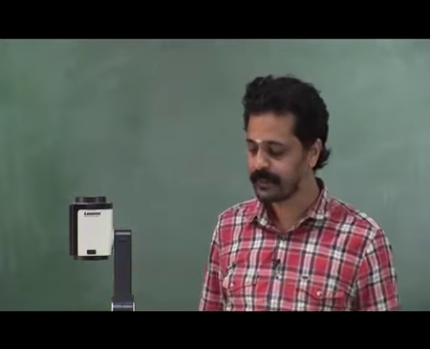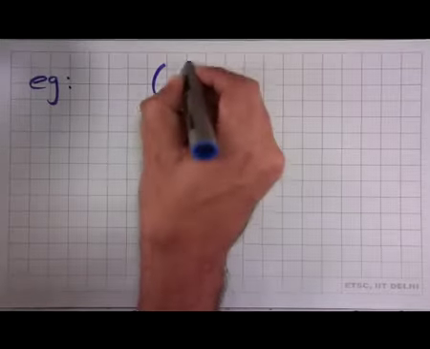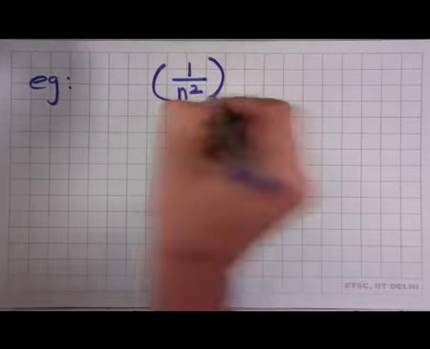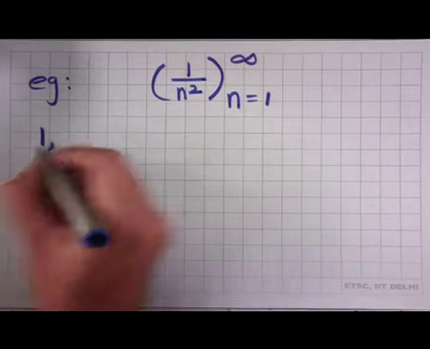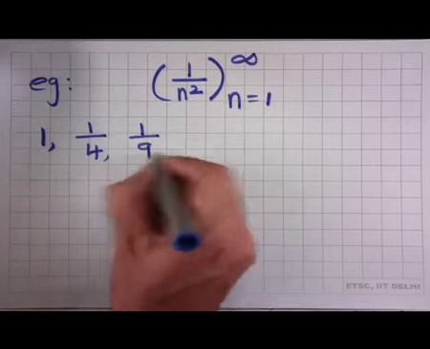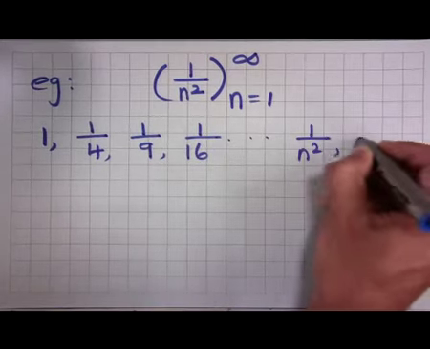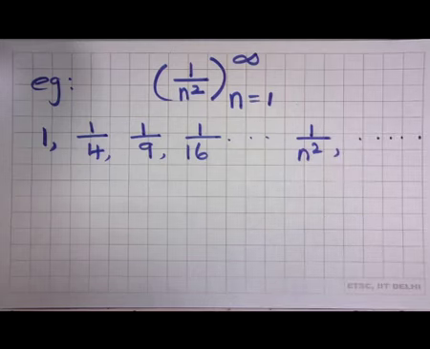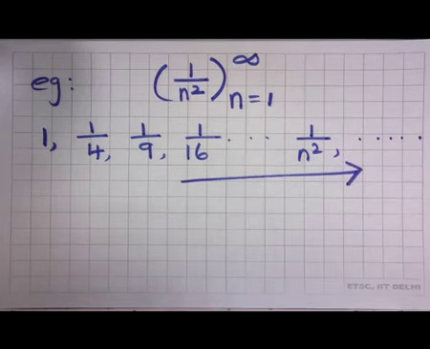For instance, we have seen that in this sequence 1 by n square, n is equal to 1 to infinity. To be explicit, 1, 1 by 4, 1 by 9, 1 by 16, etc., 1 by n square, etc. We can see that as we progress towards the tail end of the sequence, the terms are becoming close to 0.